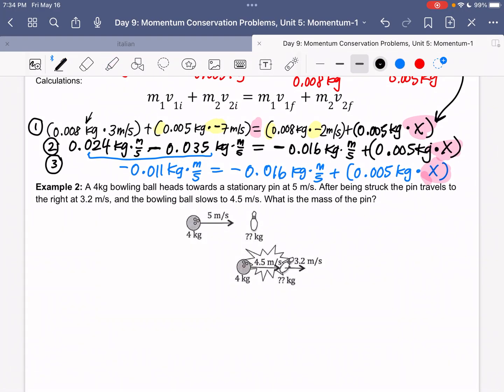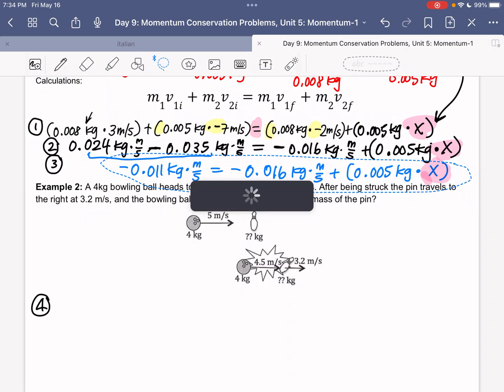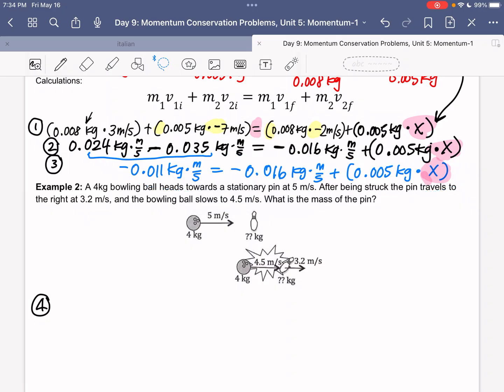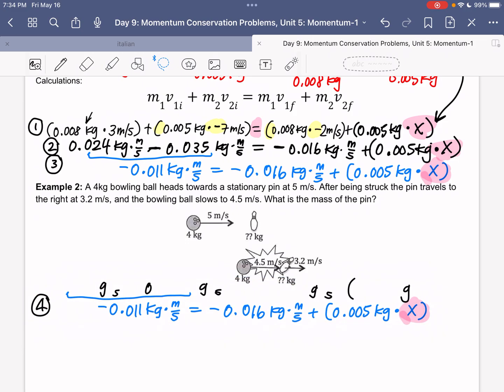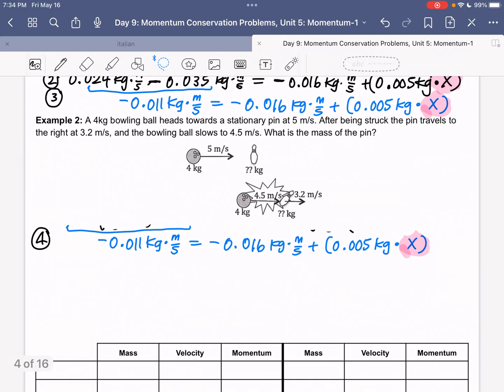So now our step 4, I'm going to copy this part. So we're here, right? Now, what can we do to get the x by itself? We need to get rid of this to get this by itself.